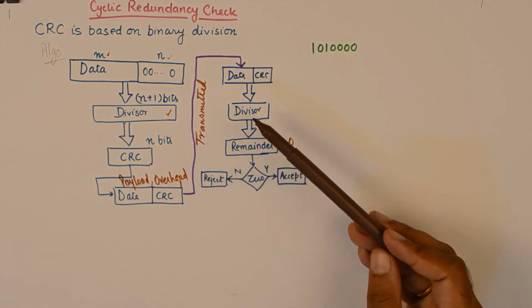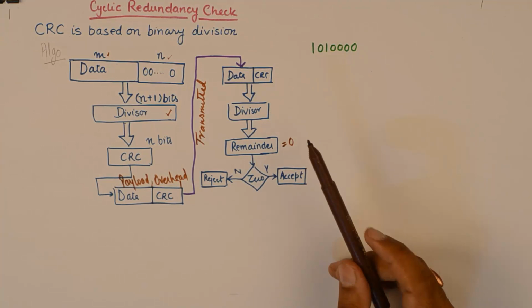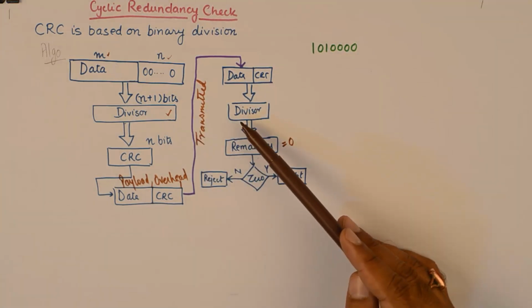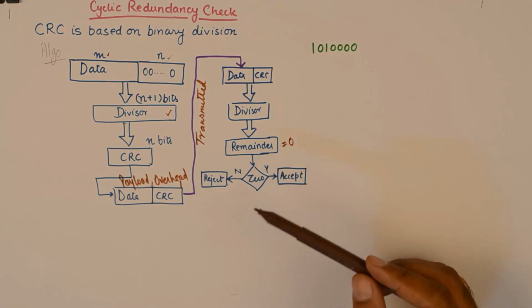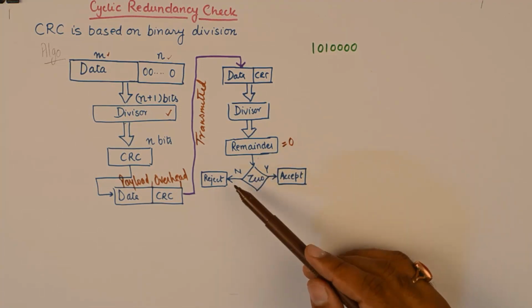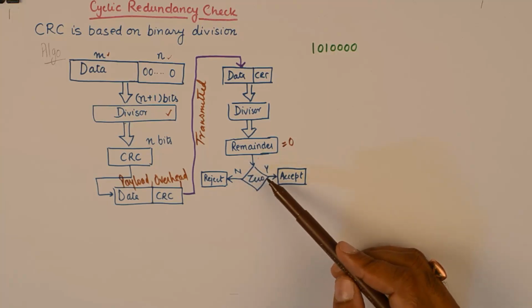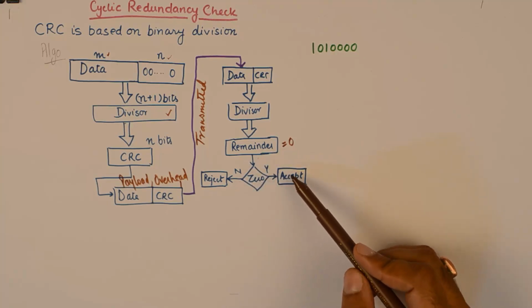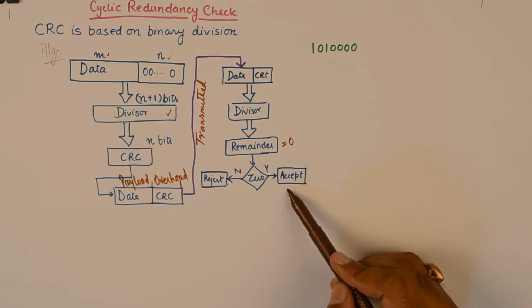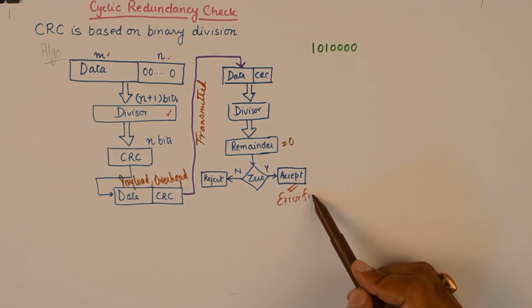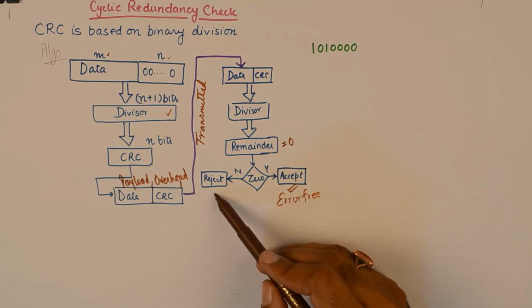Now at the receiver end, when we divide the entire thing with the same divisor, it should give us a remainder 0. And finally, at the end of this algorithm, if the remainder obtained is 0, we accept the data as error free data, otherwise we reject it as erroneous data.